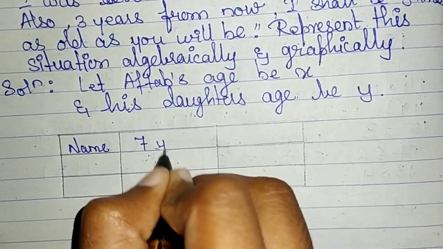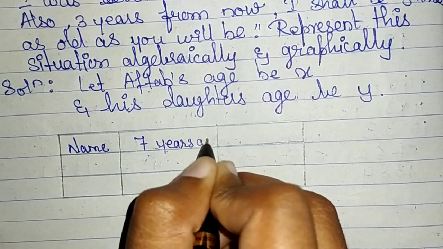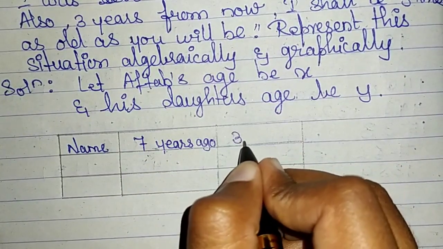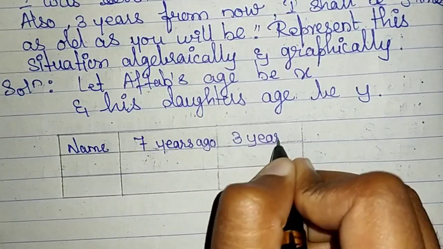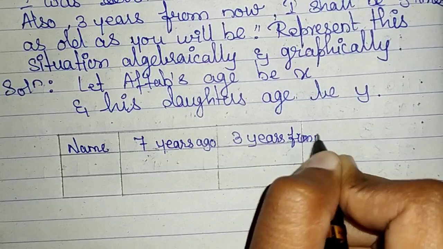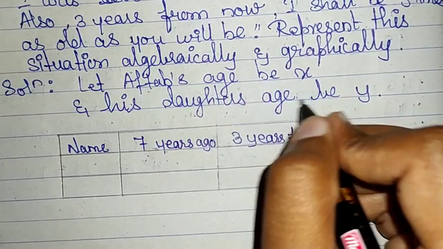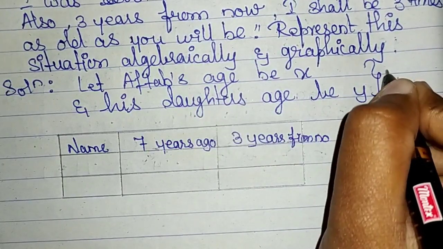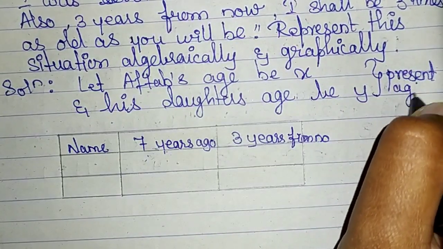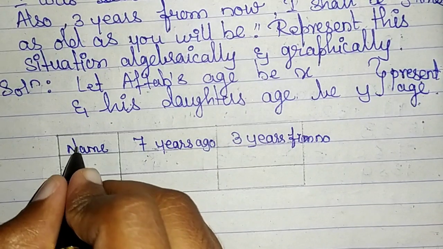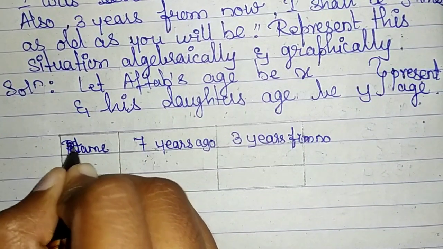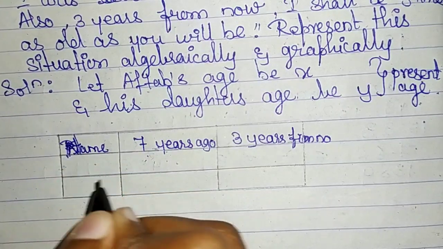First case is 7 years ago and second case is 3 years from now. Let Aftab's age be x and his daughter's age be y. These represent the present ages. Sorry, this should not be name, but it's okay. Name and 7 years ago.